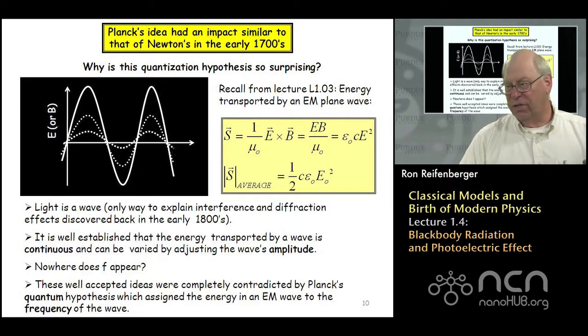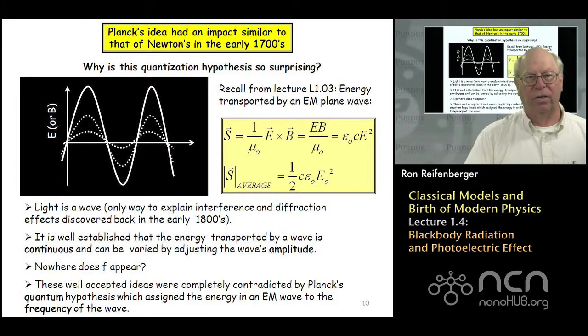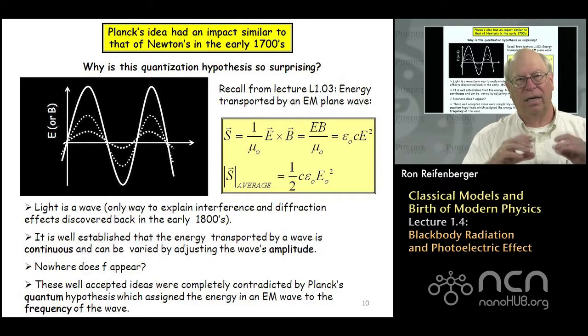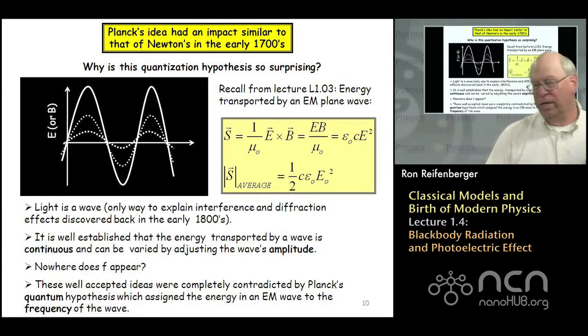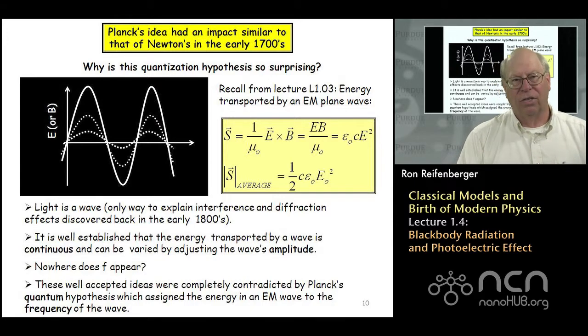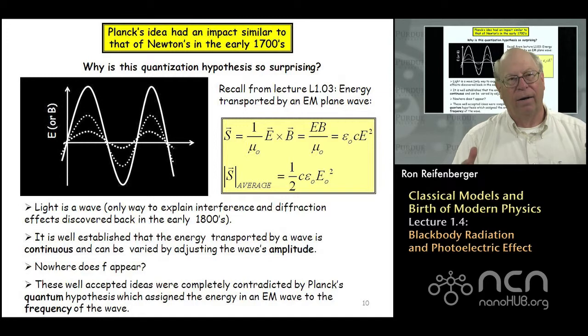So nowhere in this discussion from the previous lecture does this frequency f appear, and nowhere in this discussion is there a suggestion that the energy contained in an electromagnetic wave is quantized. This is something that Planck assumed, and when Planck made these assumptions and followed through the arguments in a logical way, he was able to explain the experimental data very accurately.